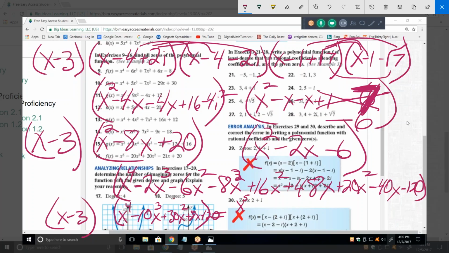So then minus 10x to the fourth plus 30x to the third plus 8x squared minus 120x.